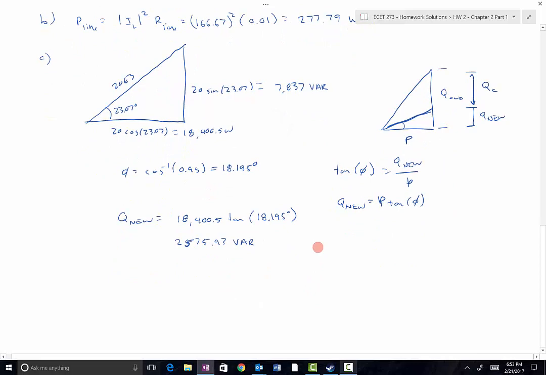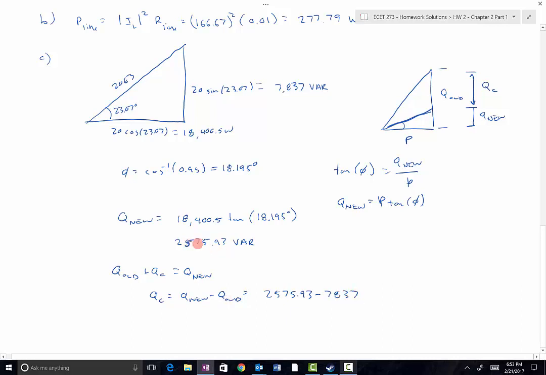So from this figure, we recall that Q old plus QC equals Q new. So that allows us to determine QC. It's equal to Q new minus Q old. And so that is 2,575.93 minus 7,837.